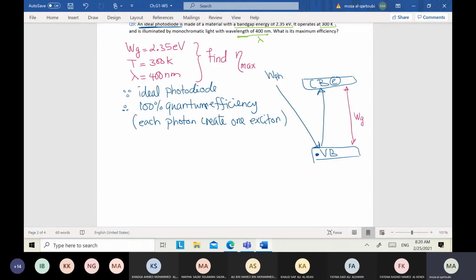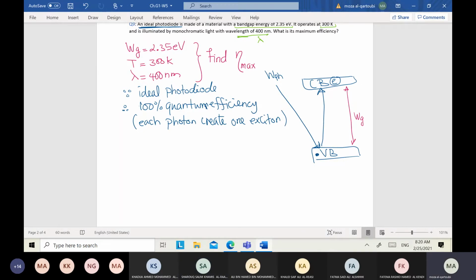So any quantity can be used as input and output: power, temperature, frequency, energy, any two quantities. It is energy, given energy. Where's the input energy? It is W of photon.